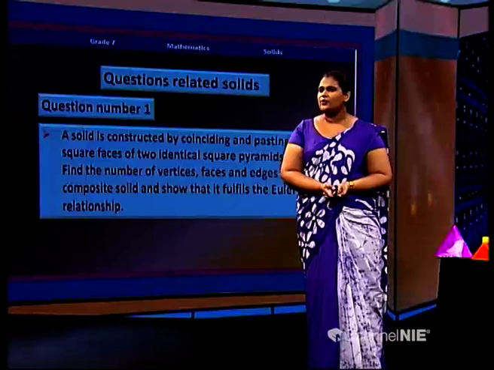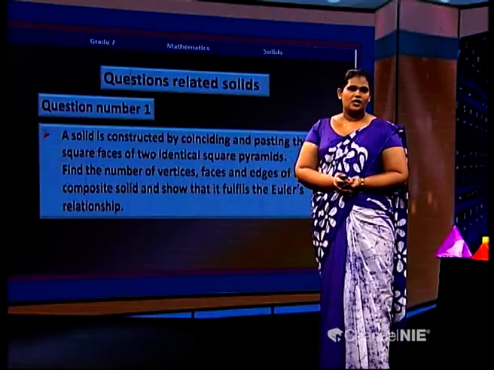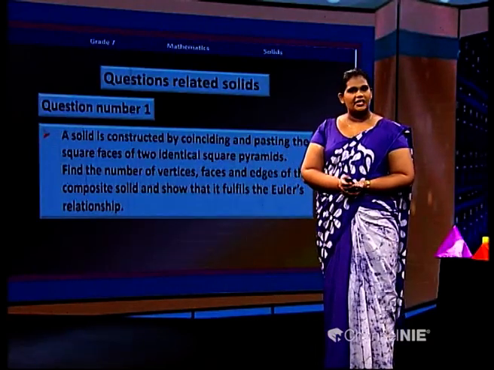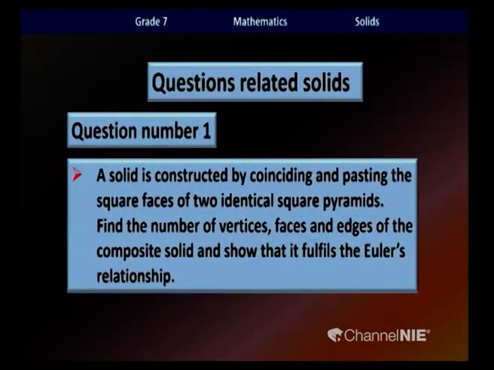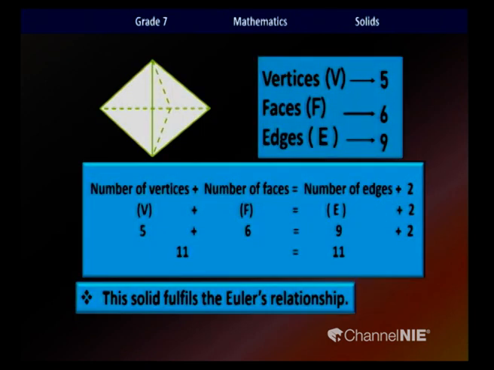Okay, now we will quickly move on to some questions related to solids. Now you can see the composite solids also fulfill the Euler's relationship. But can you remember the rule that I have told you previously?